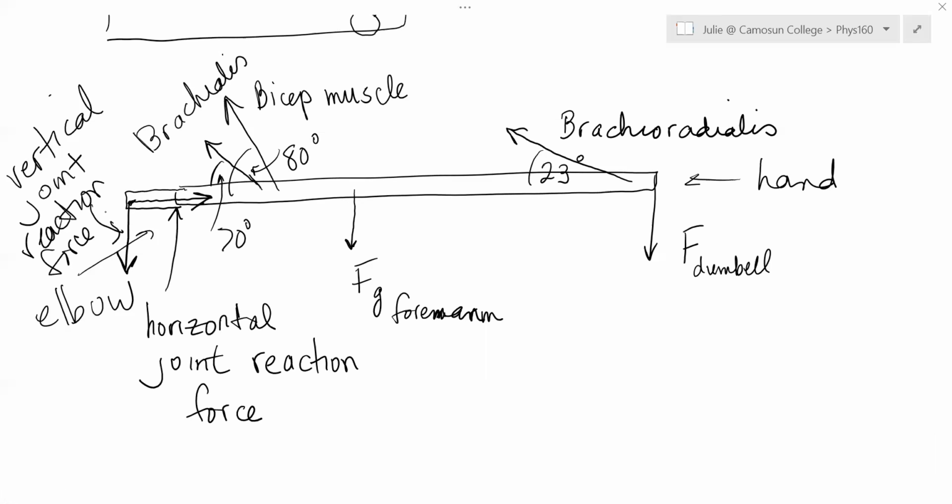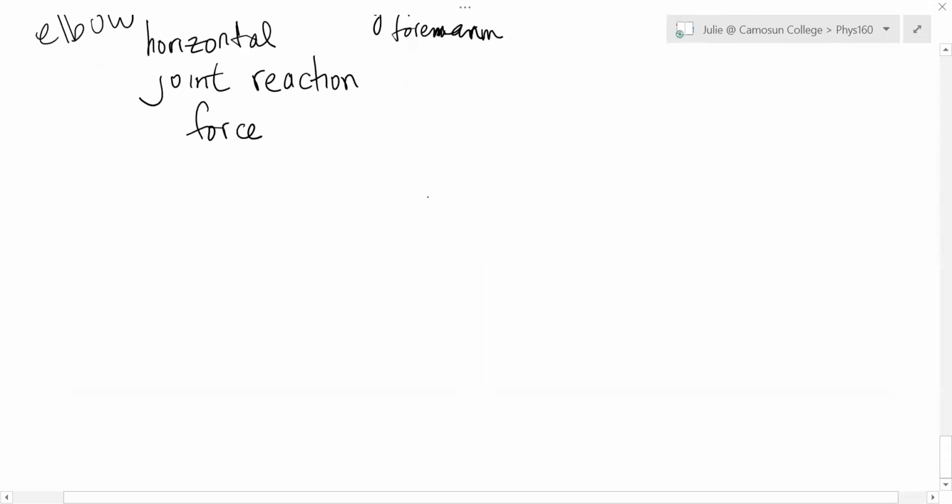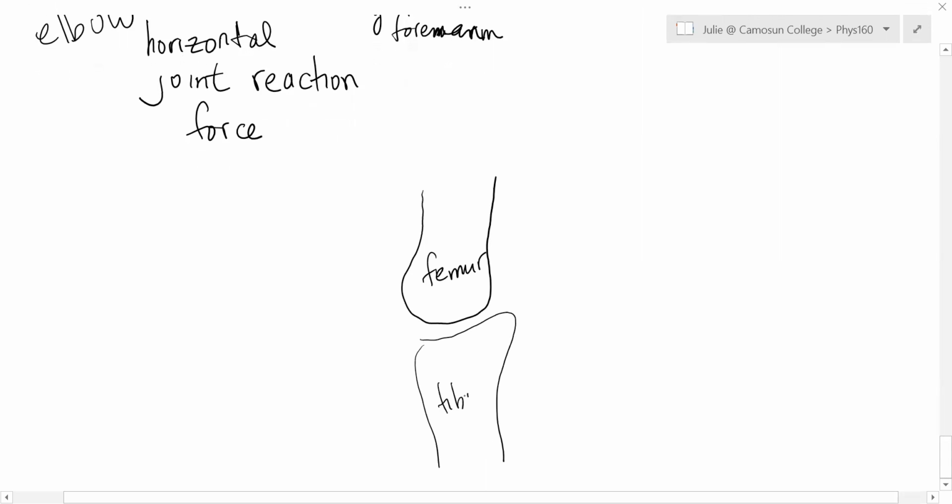Okay, so one more example that you have in your book that you're going to have to do is when you have your femur and then your tibia here. So this is your knee.